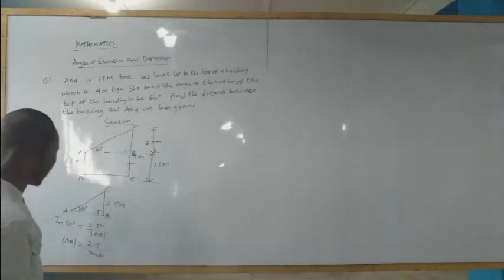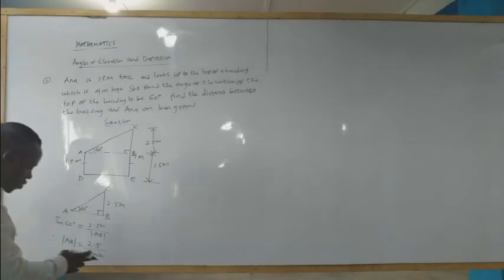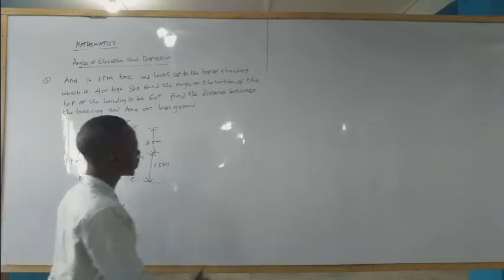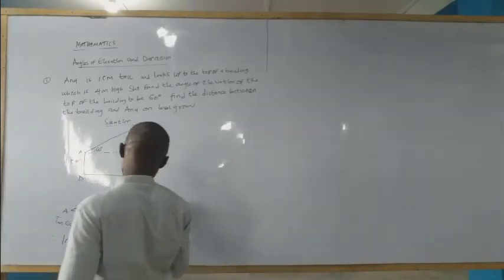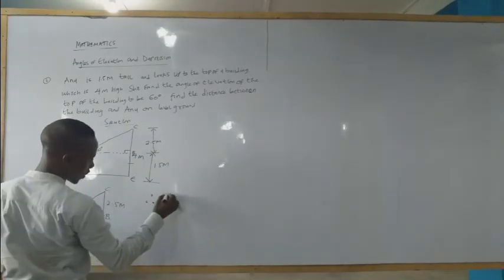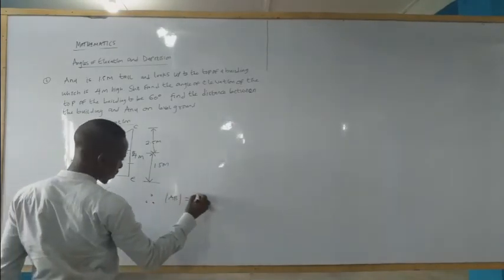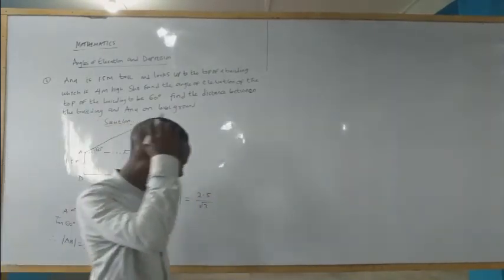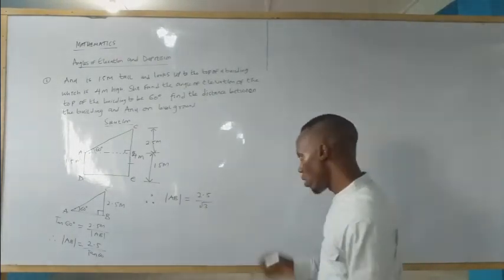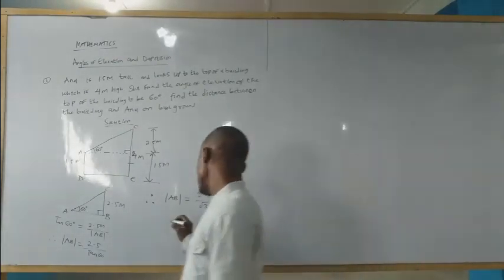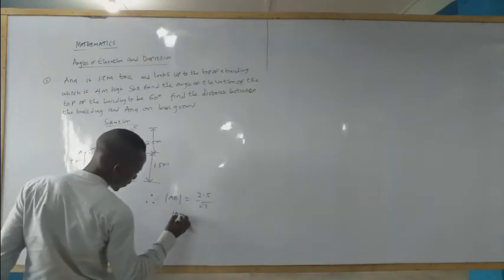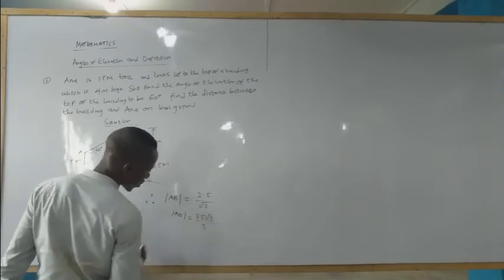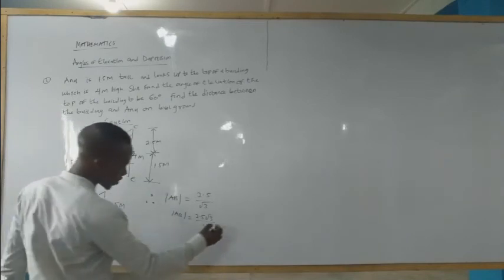From our special angles, from the last class, we said tan 60 is equal to root 3. Therefore AB equals 2.5 over root 3. From here we can solve, so we get AB equals 2.5 root 3 over 3 meters.